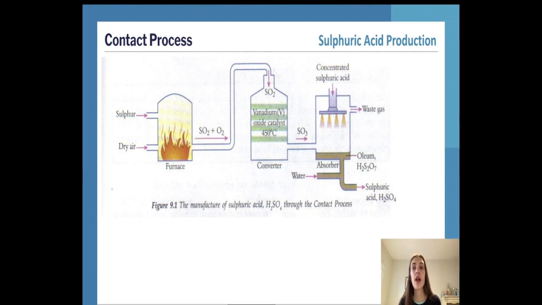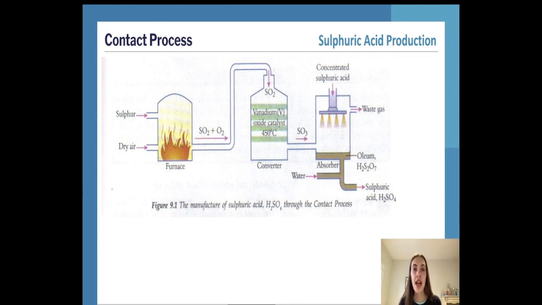We can use a ratio of 4:11 of FeS2 to oxygen, and that can produce a ratio of 2:8, or 1:4, of Fe2O3 and our sulfur dioxide.